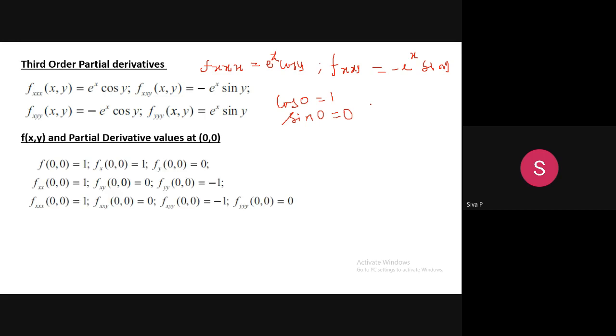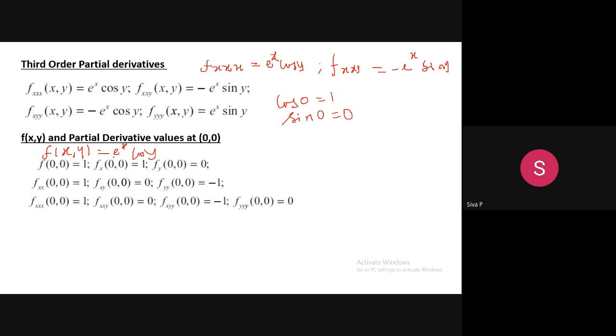So what is the first value? F of 0 comma 0 is 1, substituting x equal to 0, y equal to 0. Because what is f of x comma y? F of x comma y is e power x cos y.